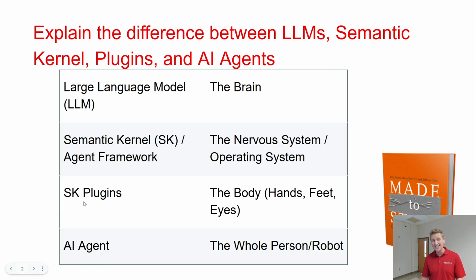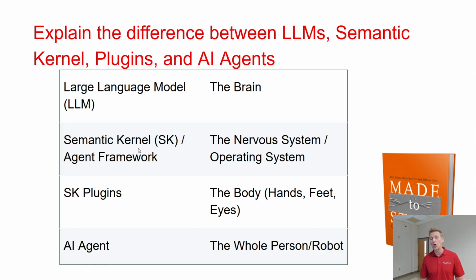The plugins that we're going to write, this is the C# code that we write that is the actions. If you think of the brain as the LLM, the plugins are the actual code that we write that are actions. If this is a human body, think of your hands performing the actions, or your feet, or your eyes.